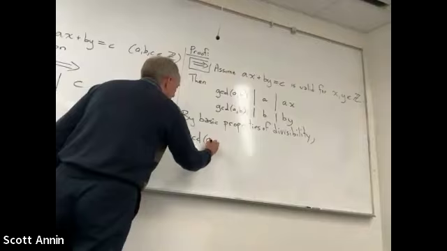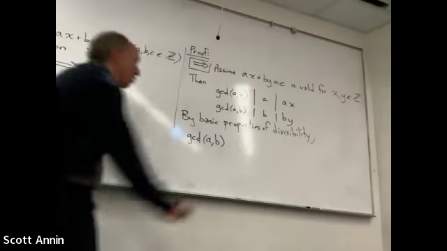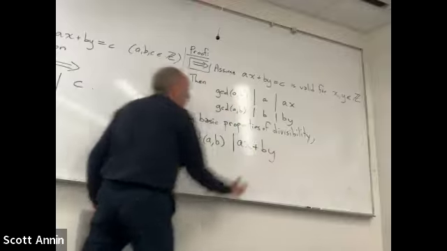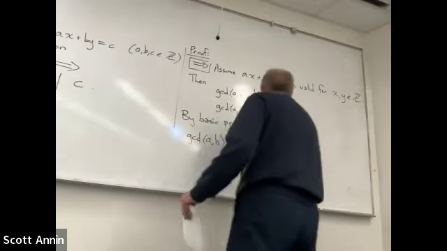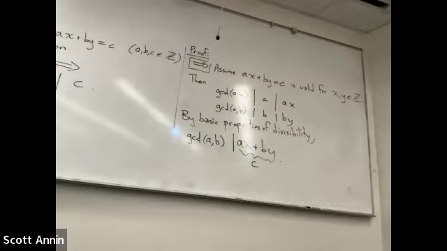By those basic properties of divisibility, the greatest common divisor of A and B is now going to divide AX plus BY, and of course that is C. So that's your forward direction proof in a nutshell. Nothing too hard and heavy about that. Does that make enough sense for folks? Everybody okay with that?